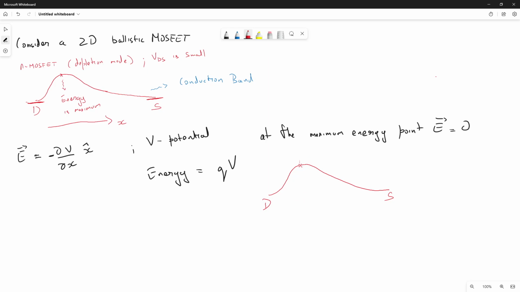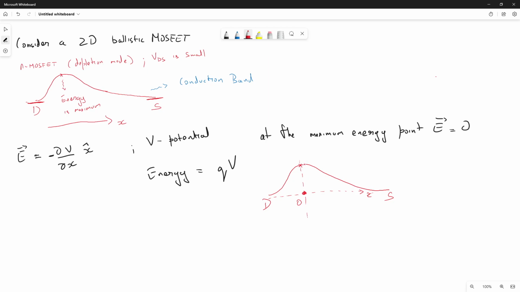And what I shall do is identify this point on the x-axis and call this x equal to 0.